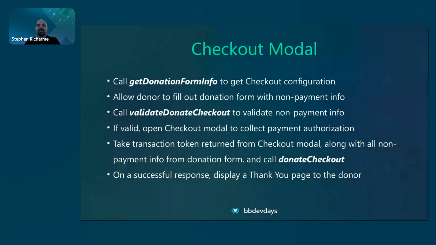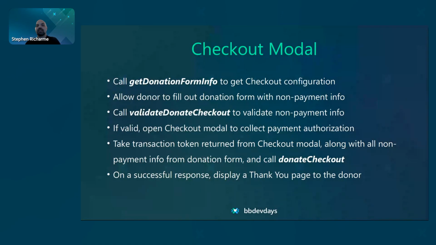Once that's done and they click the button to donate, that's when you call the validate donate checkout method. The validate donate checkout method is going to go through and start validating all of that non-payment info that they've filled out. The reason this is highly important is because we want to make sure that there are no problems with recording the transaction within Luminate Online after the payment is completed.